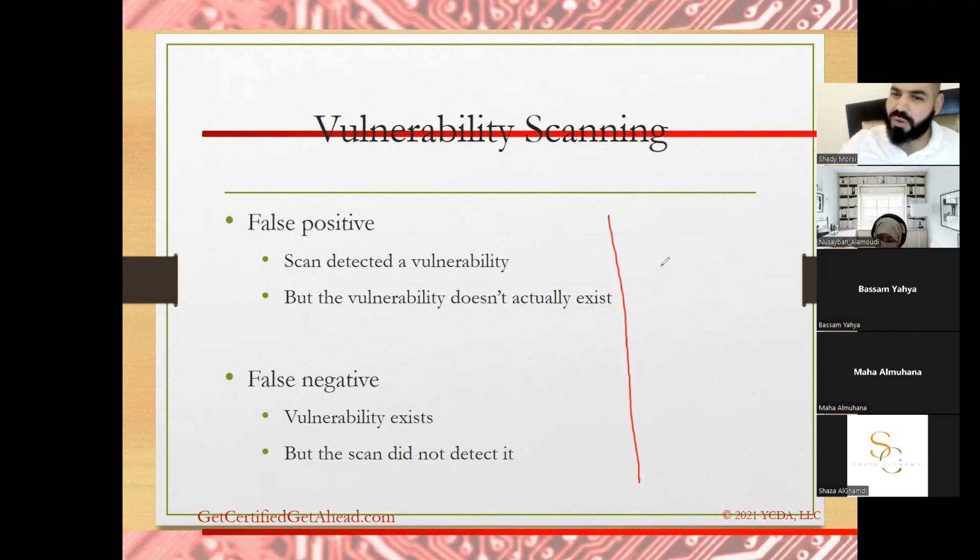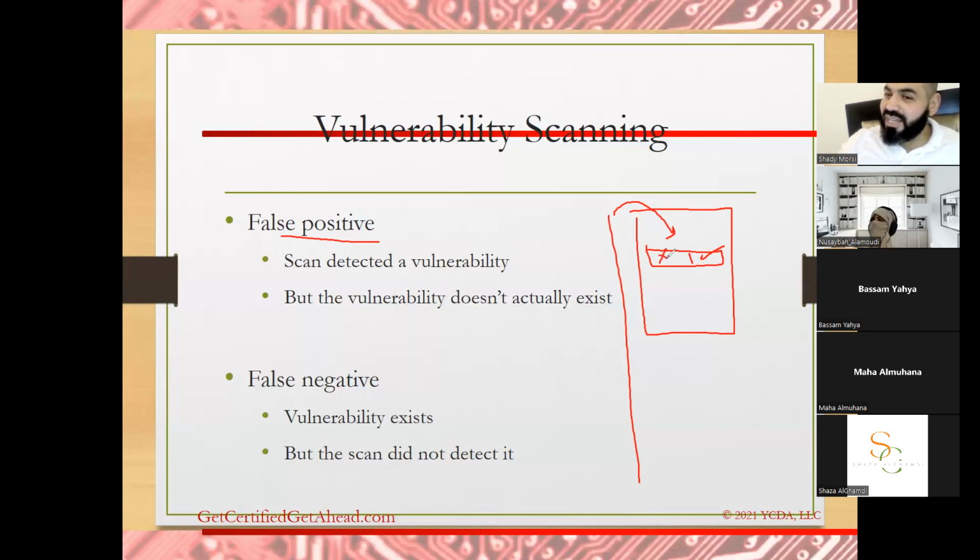But here, why validate? This is a very important thing, and you will find it also on our website. Sometimes, when you have a report from a vulnerability scanner, it can show you something called a false positive. A false positive means, in a very simple way, that it has recognized something as a vulnerability, but in fact it is not.